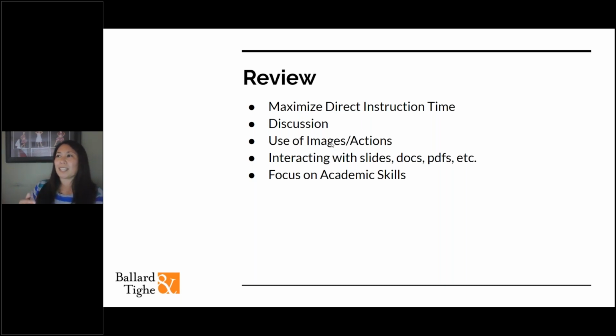The use of images, the use of actions, as well as interacting with slides, maybe talking about the worksheet orally, but definitely a focus on academic skills. Definitely the sequencing, comparing and contrasting, the reading, the writing. Actually, at the end, they start to write on the whiteboard and they compare their answers, and you're always going to have that listening component.